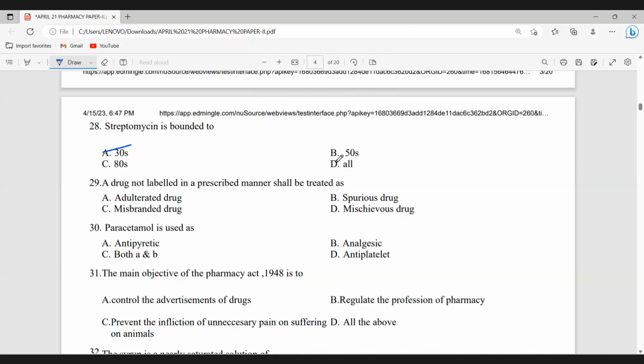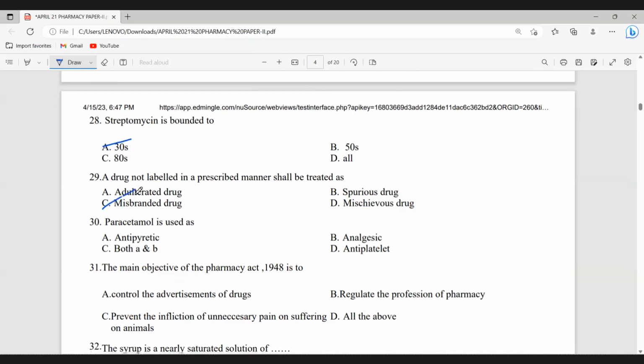And 29th question. A drug not labeled in the prescribed manner should be known as misbranded drug. We'll call that misbranded drug.